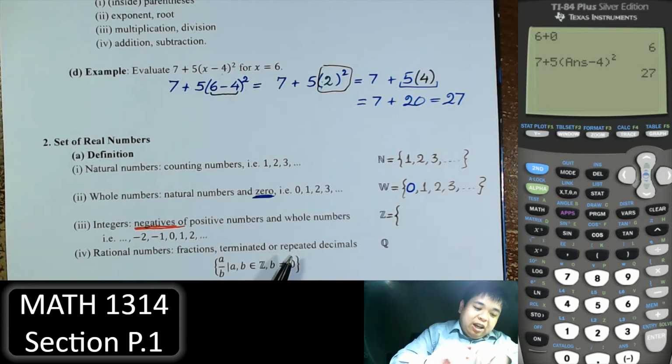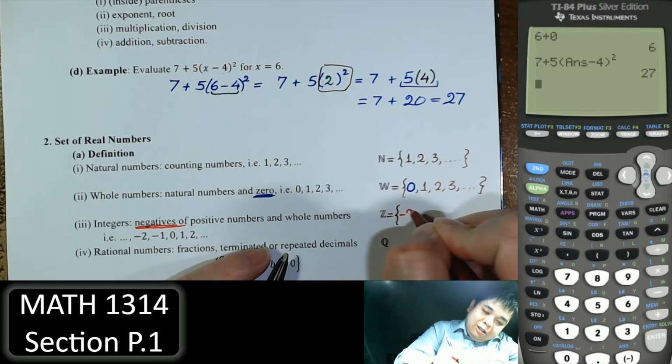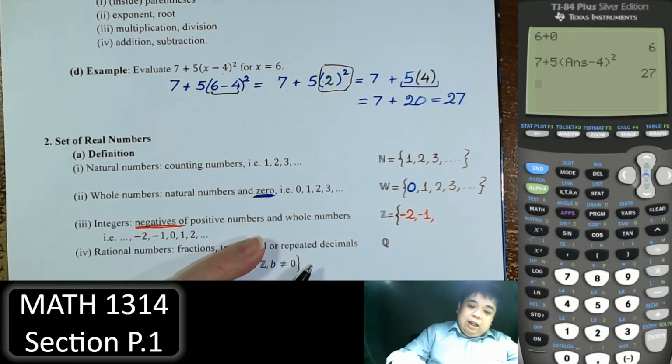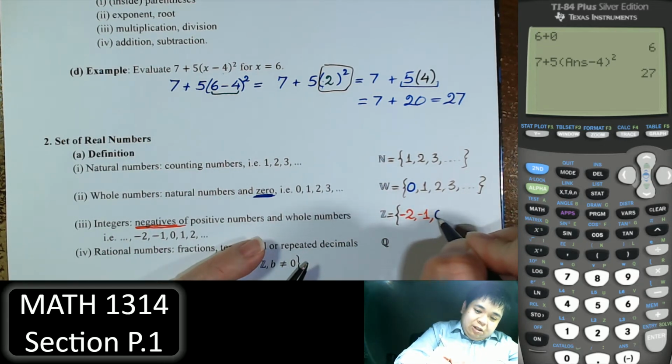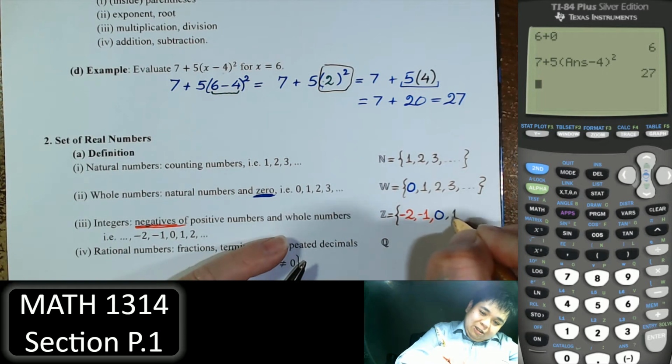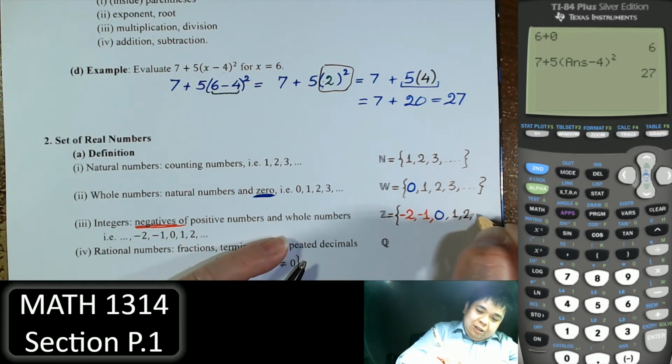But now we have the negatives, for example, negative 2, negative 1, and then we have 0, 1, 2, 3. Of course, we have dot, dot, dot on both sides.